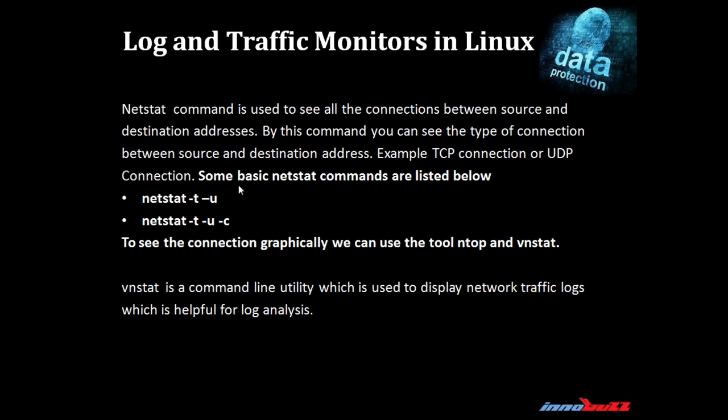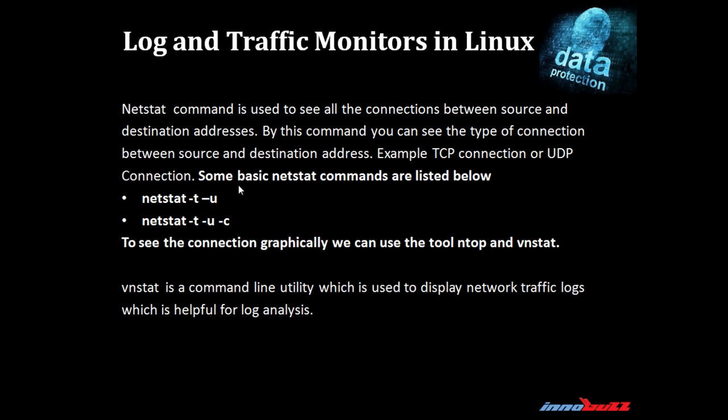Now, log monitoring and traffic monitoring is a very important aspect of information security. The netstat command is used to see all the connections between source and destination addresses. With this command, you can see the type of connection between source and destination addresses, for example, a TCP connection or a UDP connection.